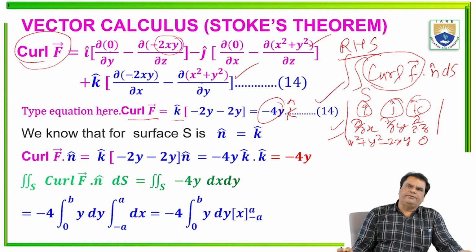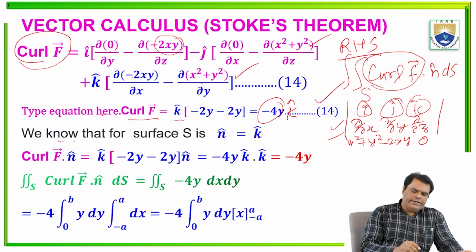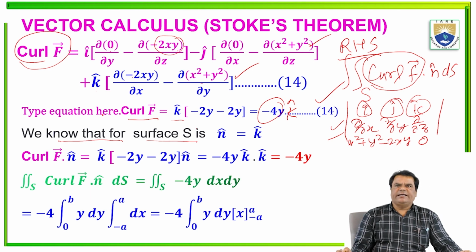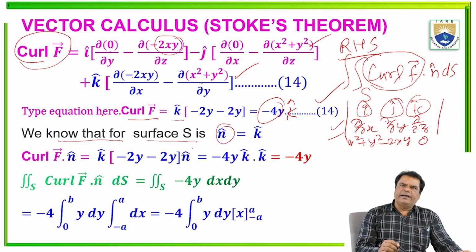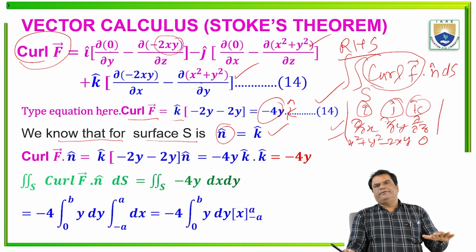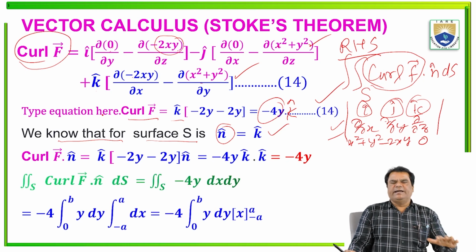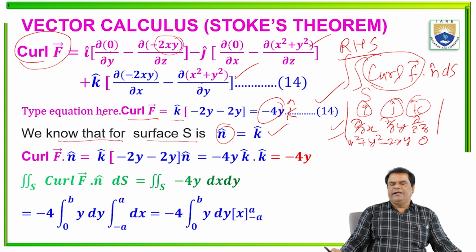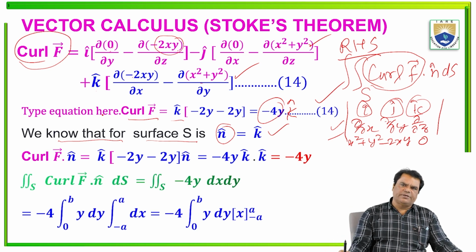This is equation 14. We know that in surface S, the unit normal vector n is equal to k vector. This is the xy plane. Our surface is the xy surface and our unit normal vector is perpendicular to the xy surface.